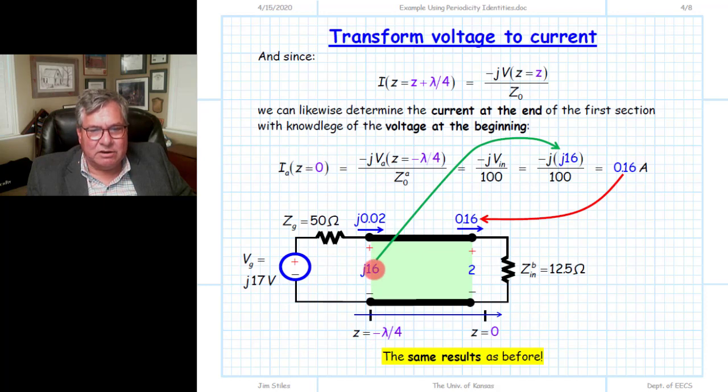The voltage here got transformed into the current at the other end of the transmission line. So in summary, we took the current on one end, and from that we could determine the voltage on the other. And we took the voltage at this end, and we determined the current on the other. And we could do this because this transmission line is 1/4 wavelength in length.